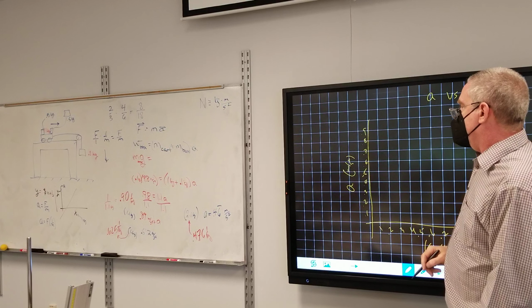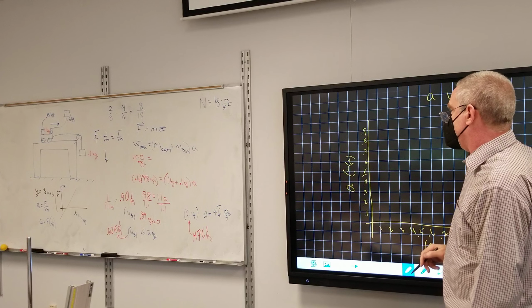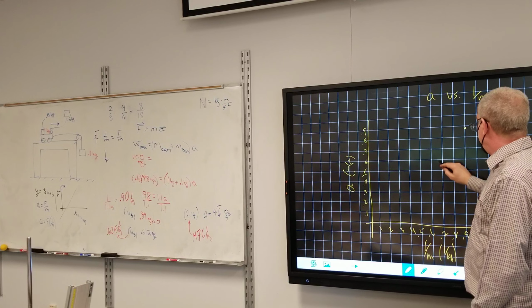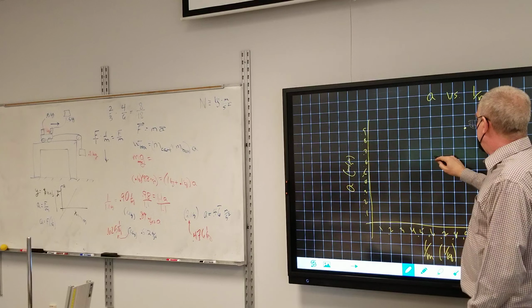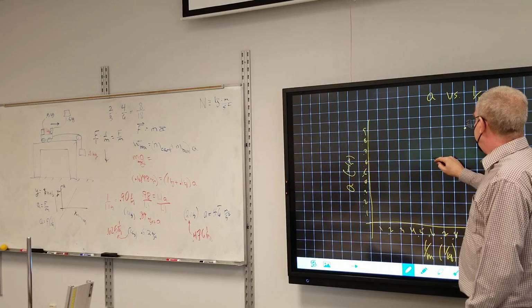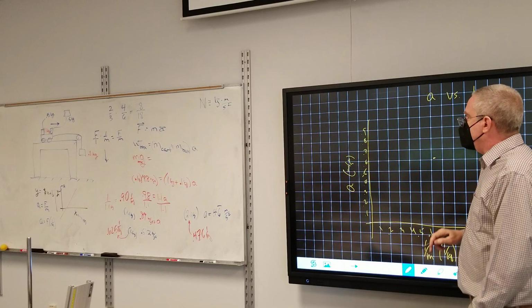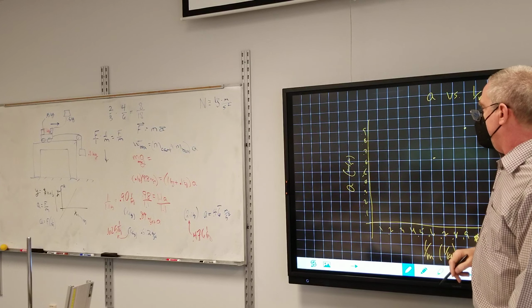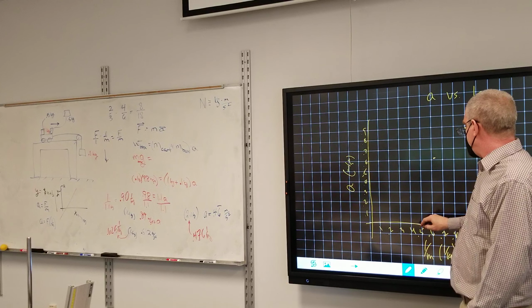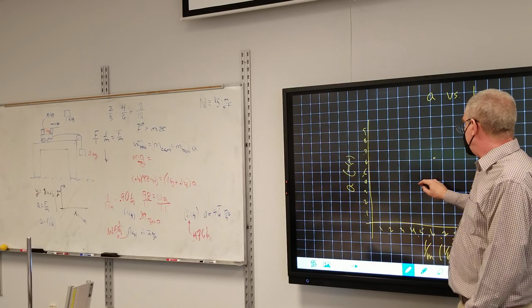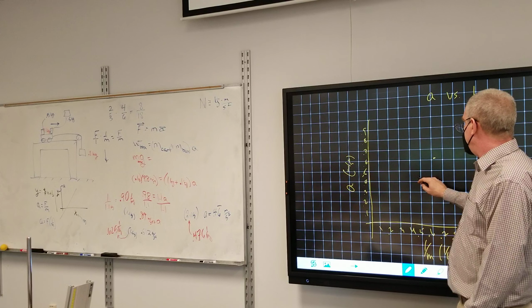When my inverse mass was 0.625, my acceleration was 0.612. And when my inverse mass was 0.476, my acceleration was 0.46.